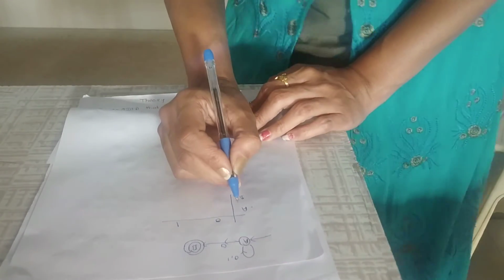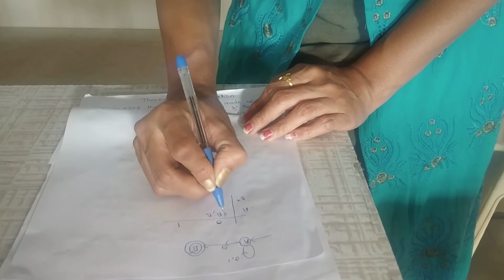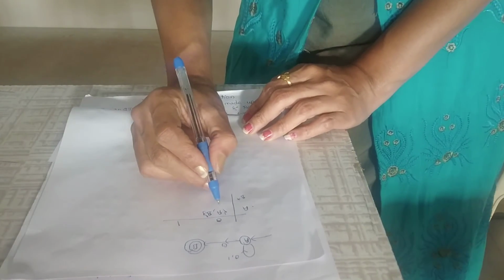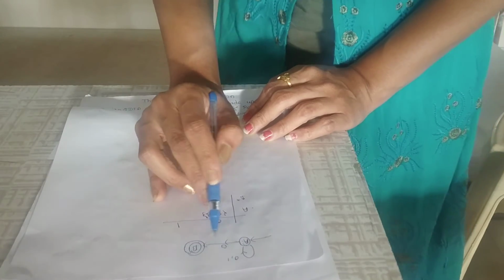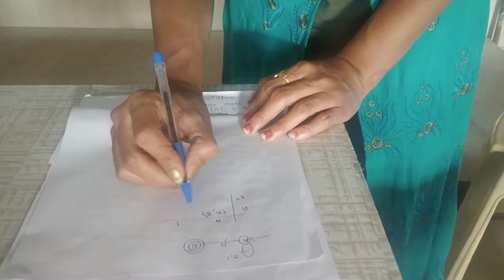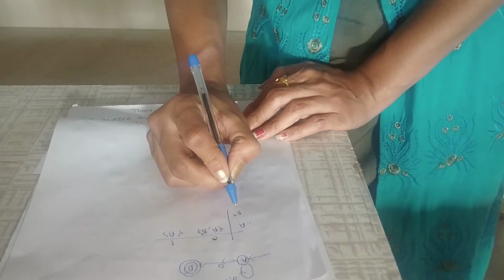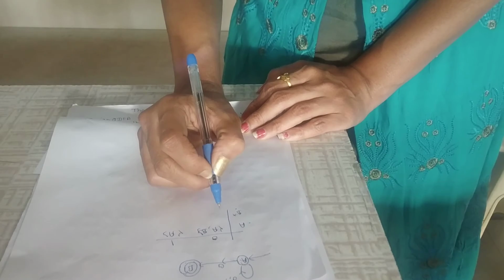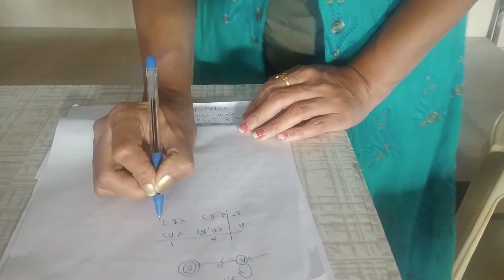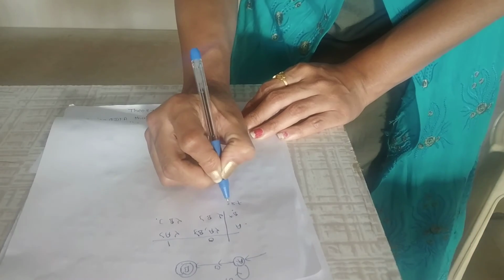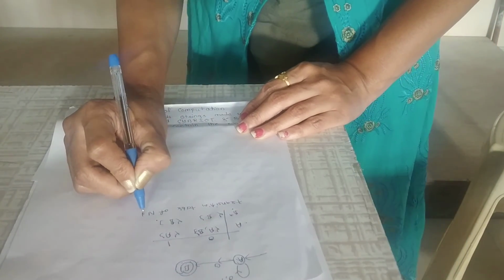B is a final state. A goes with 0 to A, and to B also, because this is an NFA, so it goes in parallel to multiple states. A goes with 0 to its own state, and also to the B state. With one input it comes to its own state. B is your final state. So this is a transition table of NFA.